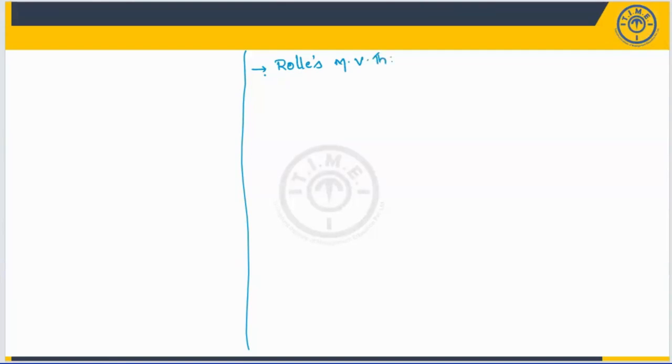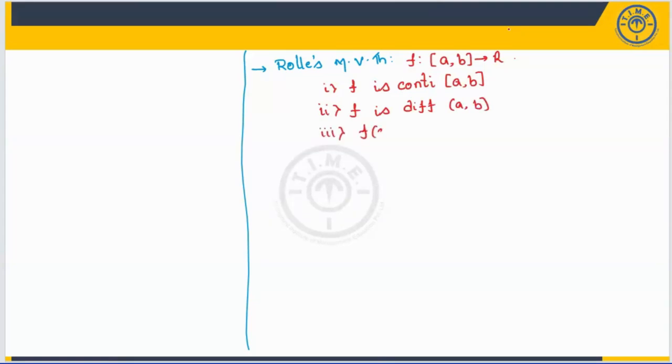Now the statement says, if f maps from the closed interval a comma b to R is such that f is continuous on the closed interval a comma b, and f is differentiable on the open interval a comma b, and f of a is equal to f of b, then there will be a point c belonging to the open interval a comma b such that f dash of c is equal to 0.